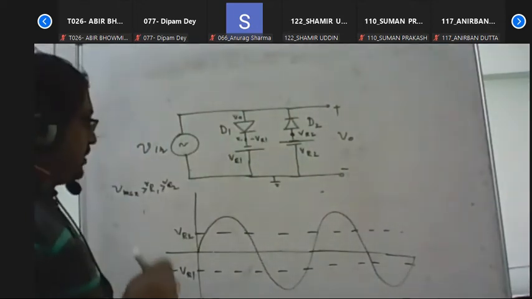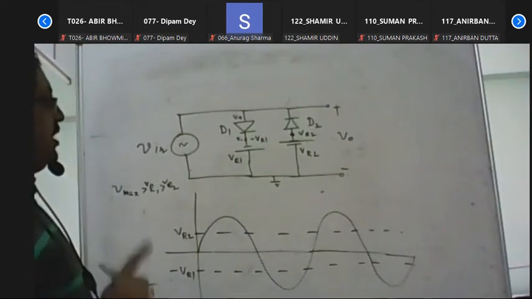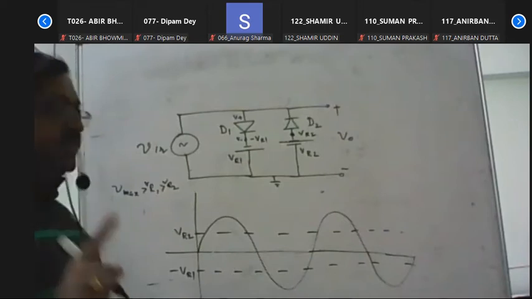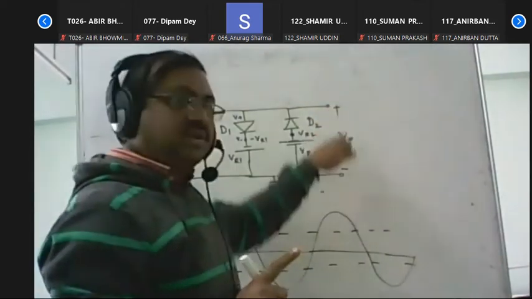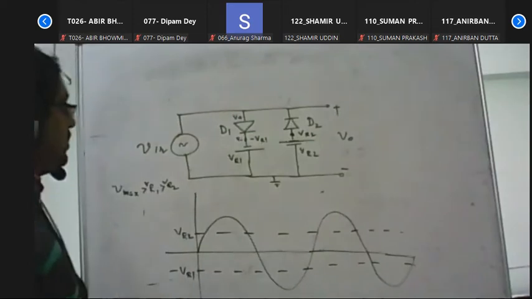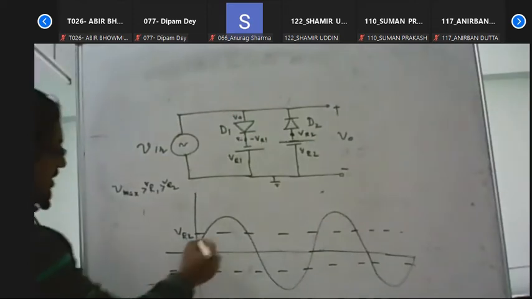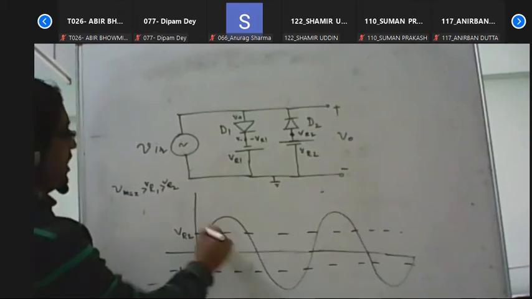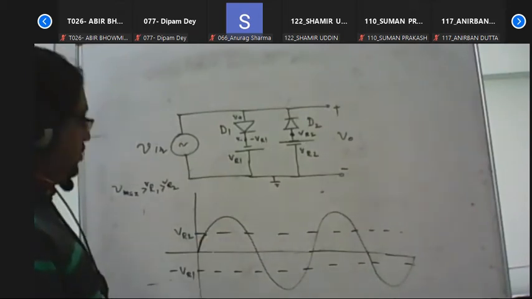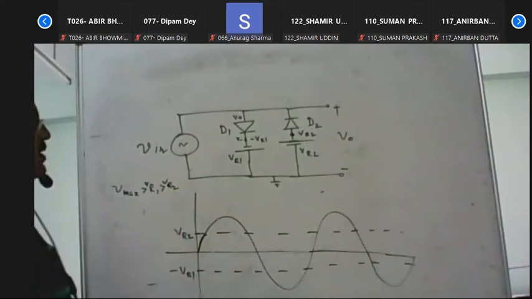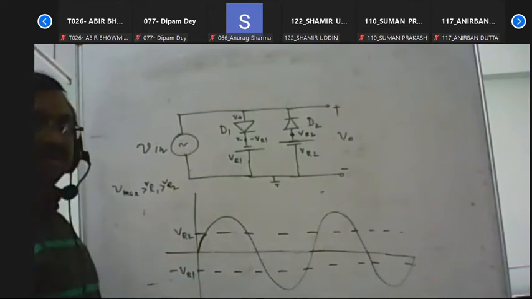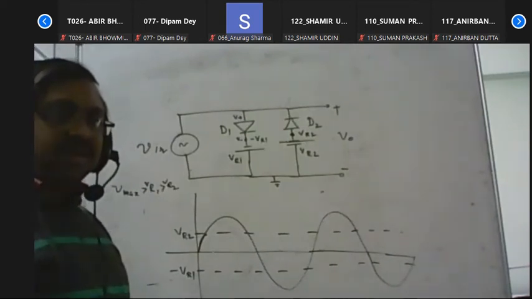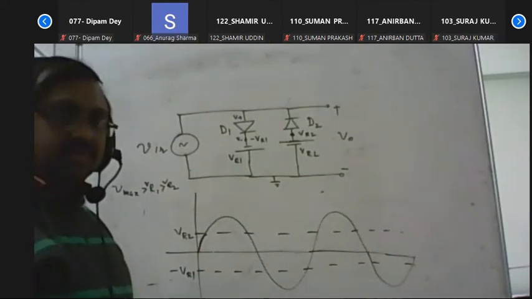Now, whether any diode is on or off determines the output voltage. If in this section the input signal is less than VR2 and also greater than minus VR1, then obviously both diodes D1 and D2 are on, right?